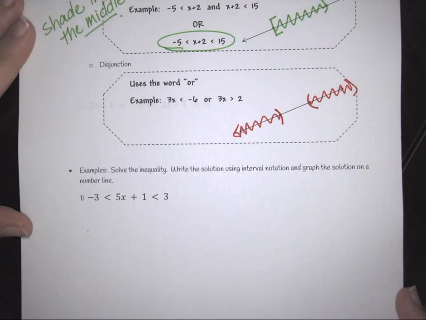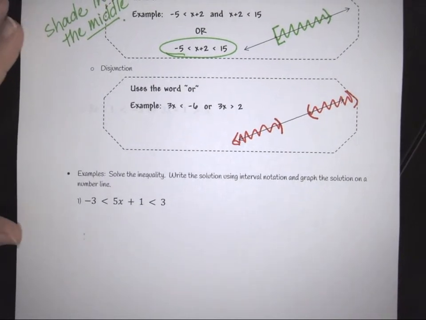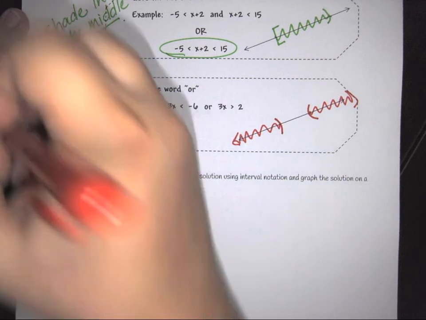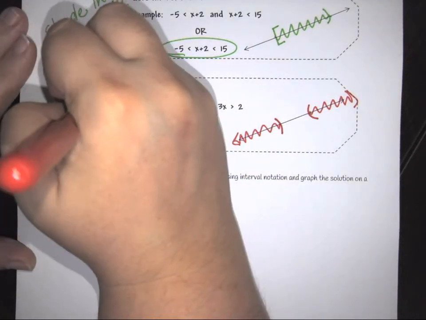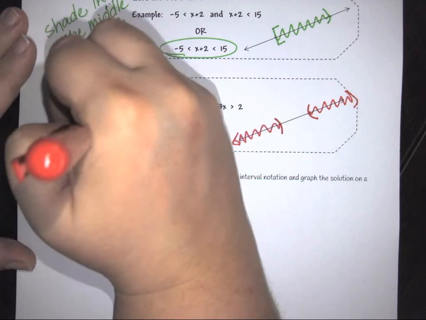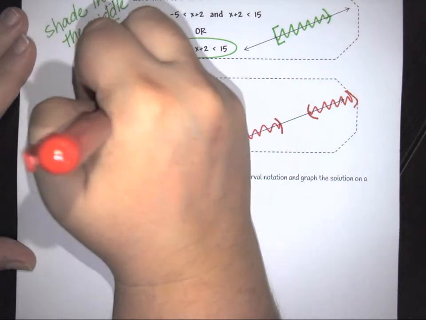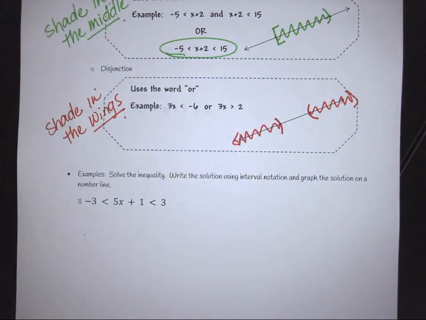Or, I like to think of oars of a boat, but anyway, what we're doing is we shade in the wings. Okay, that is the or. You're shading on those outermost parts.